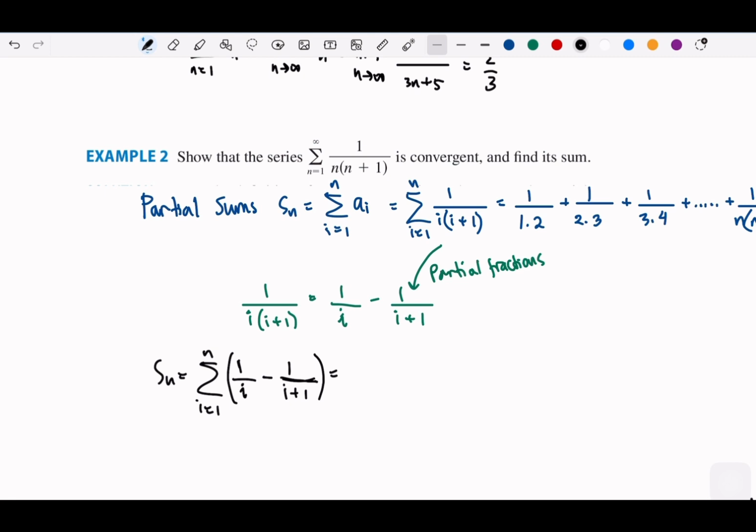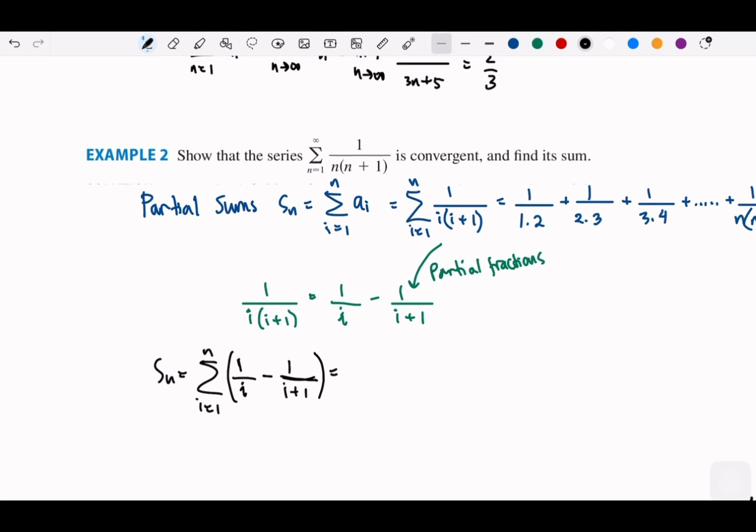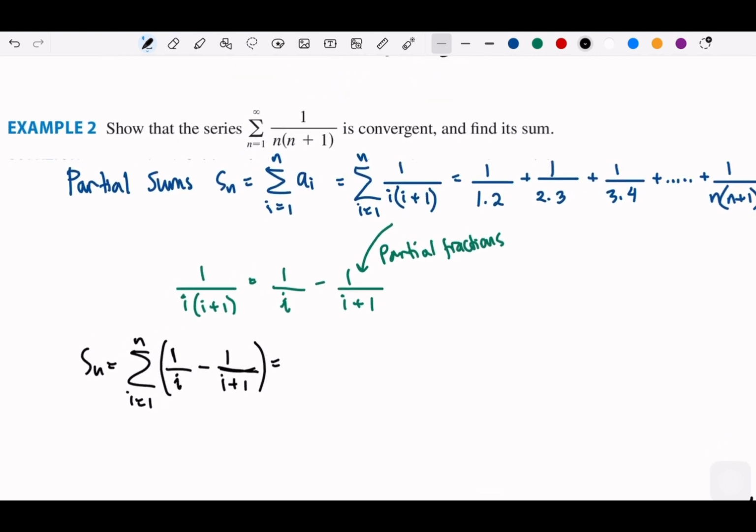Okay, I think we can have a break. We can continue later. So okay, let's continue this part. Now we input the terms from 1, 2, 3, 4. For I equal 1, this will be 1 minus 1 over 2, and then plus, for I equal 2, 1 over 2 minus 1 over 3.